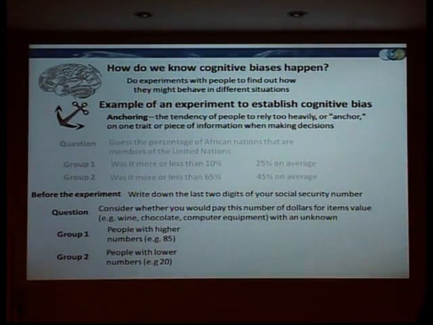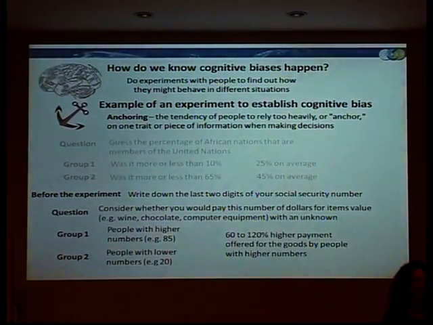They had 2 groups of people: one with higher numbers, like 85, and one with lower numbers, for instance 20. They were asked to write this down before they did the experiment, and then they were asked to consider whether they would pay the amount they wrote down for something they didn't know the value of, like a wine or something else.